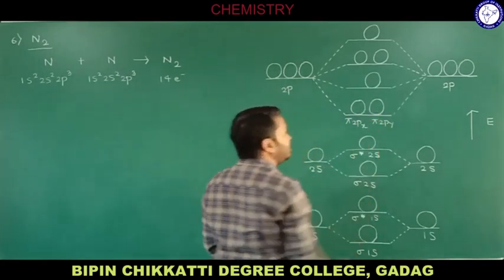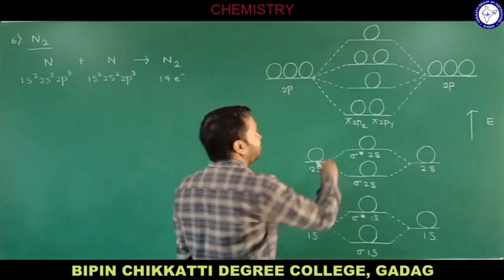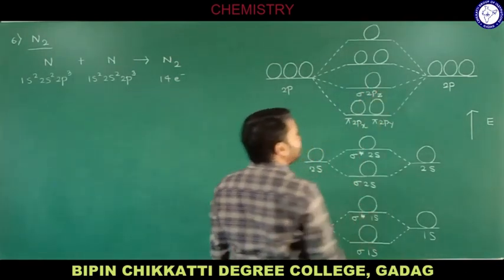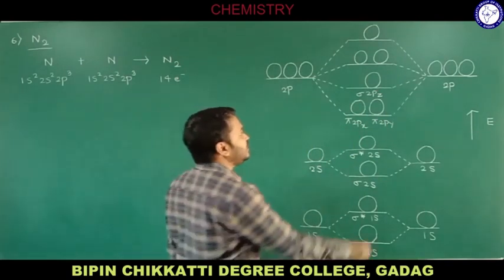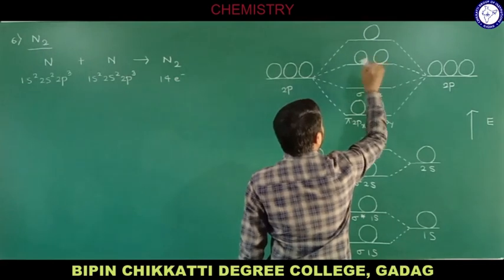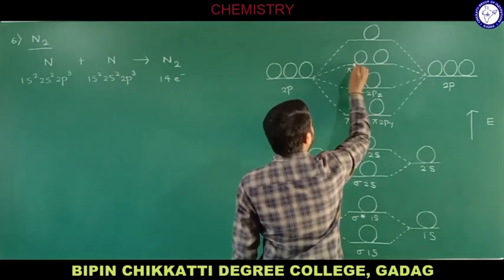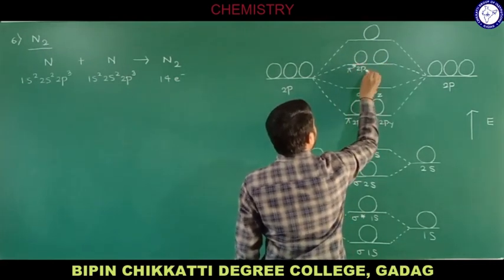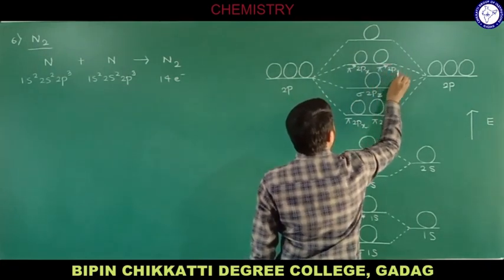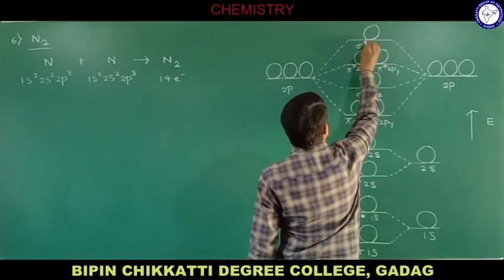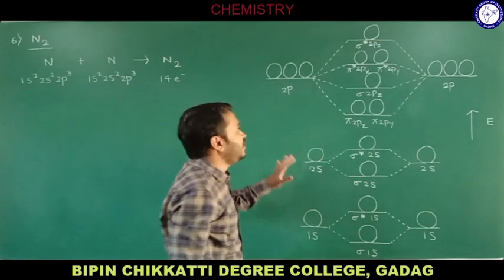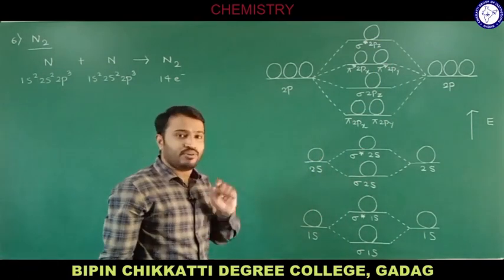The energies of these two are identical, and we get here sigma 2pz. So these three are the BMOs. For the ABMO, these two are again 2px 2py, but anti-bonding. Therefore pi star 2px I write here, this will be pi star 2py, and this will be sigma star 2pz. So this is how we name the atomic orbitals and molecular orbitals.